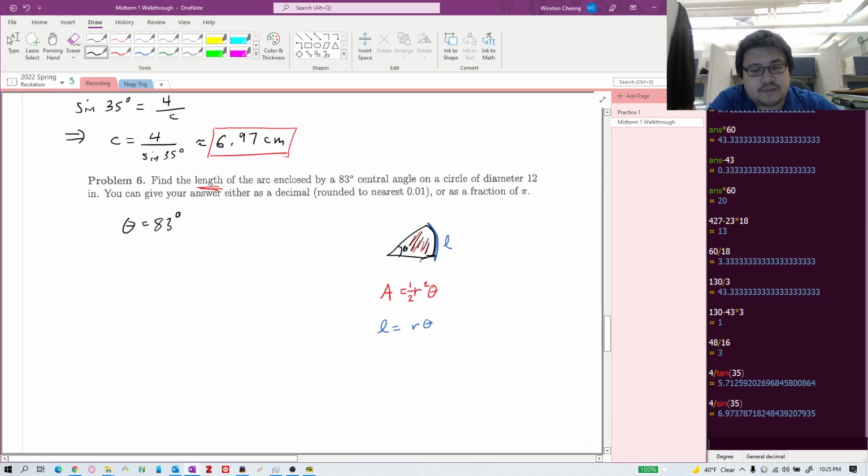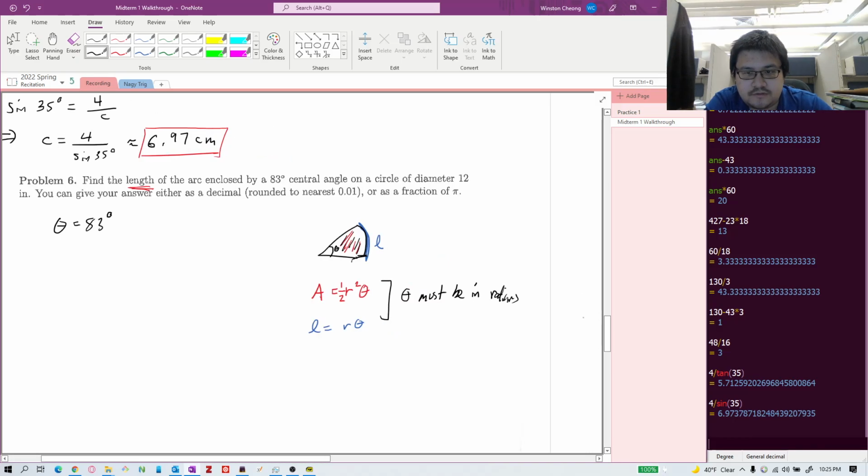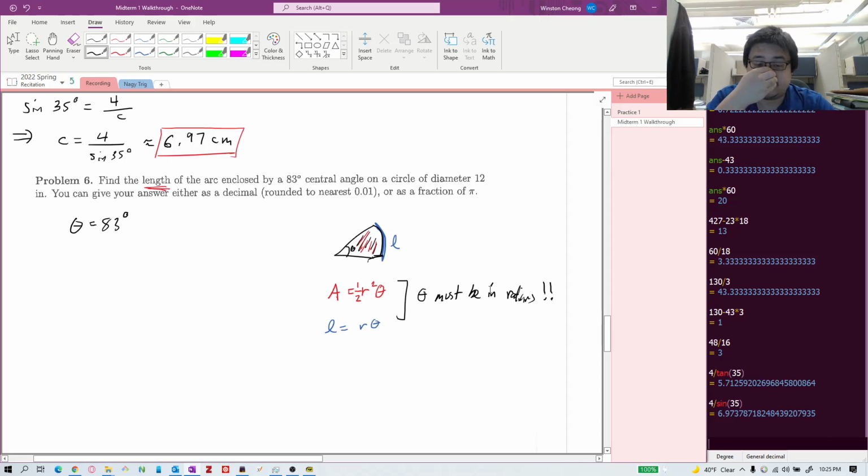Now, one very important thing about these formulas: they work in radians. So theta must be in radians. If you did this in degrees, you'd be off by a factor.